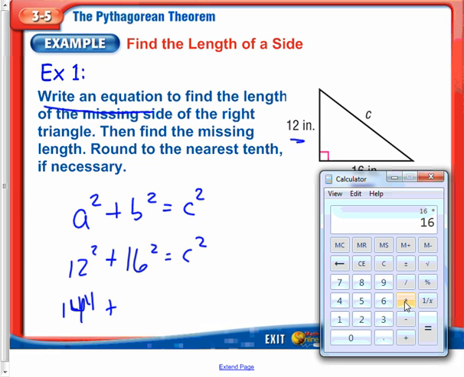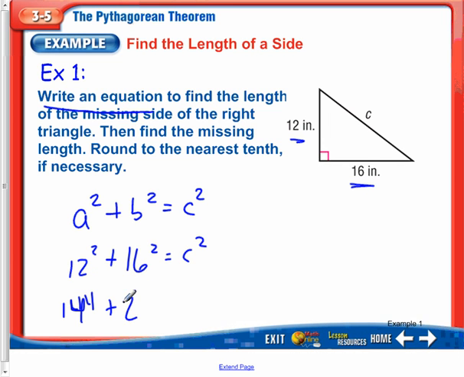It would be good to memorize and get to know your perfect squares, maybe up to 15, 16, 17, 18, even to 20 would be great. So again, we're talking about 16 squared, which is 256. And that again is still equal to our hypotenuse squared.